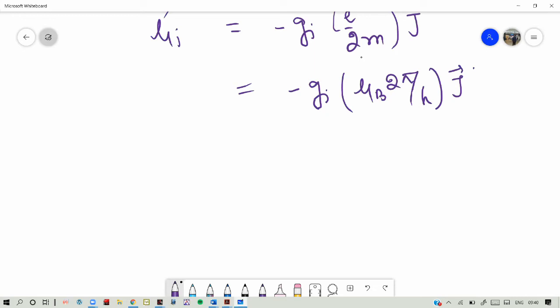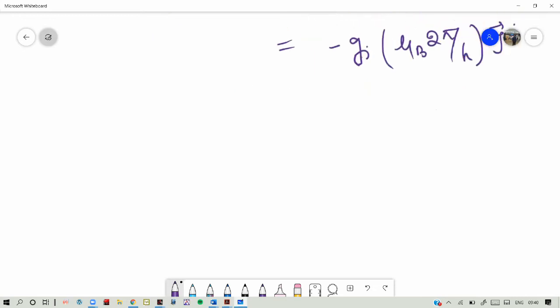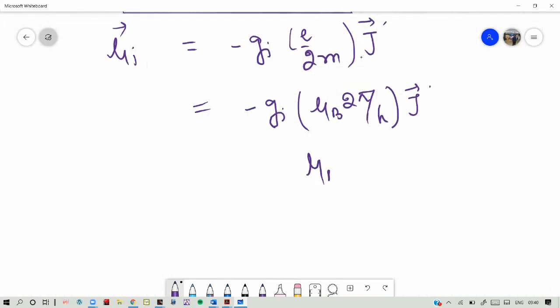So mu_B is equal to eh by 4 pi m. This is the Bohr magneton.